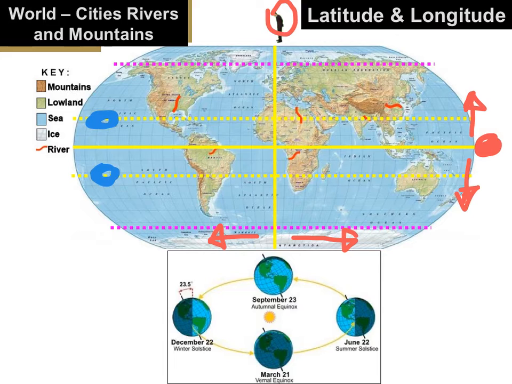Whilst we're talking about that, this image at the bottom, the Earth is on a tilt of about 23.5 degrees. That is what gives us our seasons. So you can see here, in June, we know that is our summer. So we're tilted towards the sun, the northern hemisphere is tilted towards the sun.